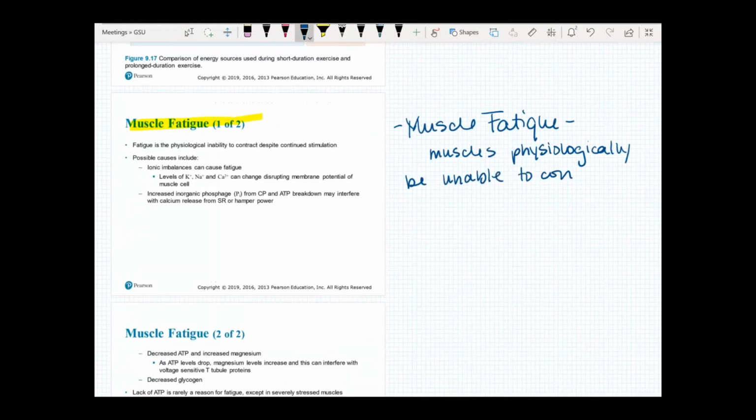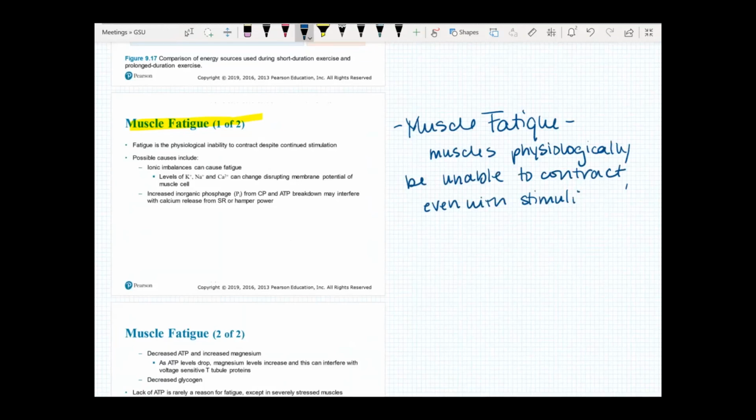It doesn't matter how many times you tell it to go, even with stimuli. You can tell it to contract. It literally is not able to do this.